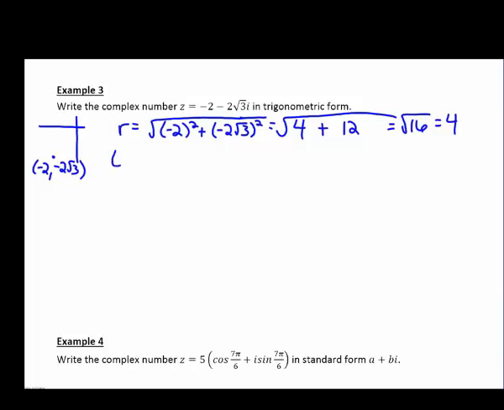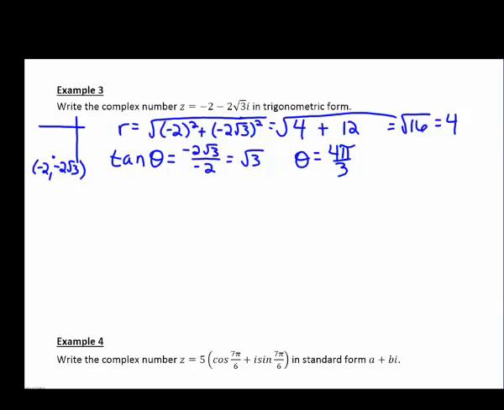Now, we know that the tangent of our angle measure, or our argument, is negative 2 square root of 3 over negative 2, which is just square root of 3. And so we're looking in that third quadrant, where is tangent equal to the square root of 3? And that would be at 4 pi over 3.